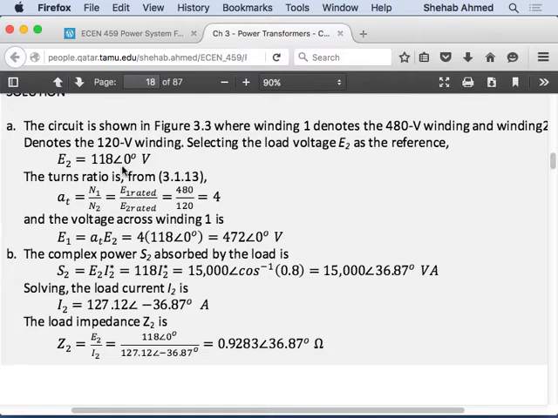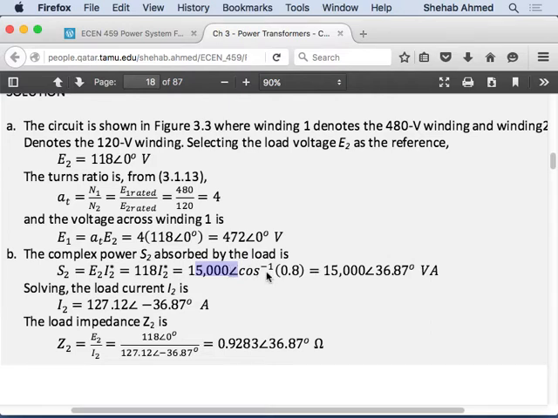So I used 118 volts as my reference, since I was not given any other reference. I used my turns ratio to find my primary voltage, multiplying by 4. From our power triangle, I know my voltage on the secondary side, 118, and I know my load power rating, its power factor, and its angle.